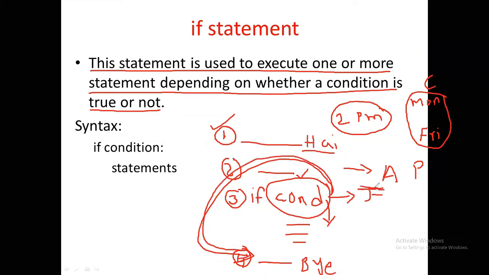If the condition is true, then you enter into this block and execute these statements, then you move to the next instruction, bye. This is the simple if. Here the syntax is you use the if keyword and condition, after that you write the statements here.